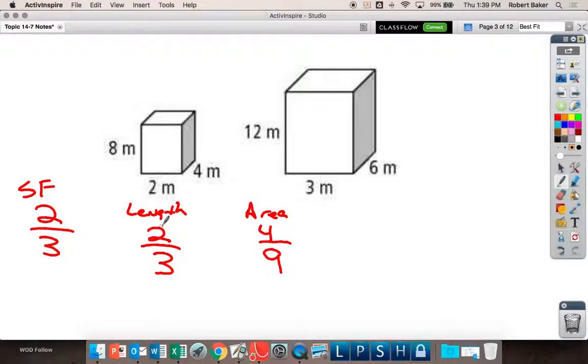What is our ratio of volumes? It's cubed. So I have to do 2 to the third power: 2 times 2 is 4 times 2 is 8. And 3 to the third power: 27. Now, if we're having trouble manipulating those things, please use your calculator.